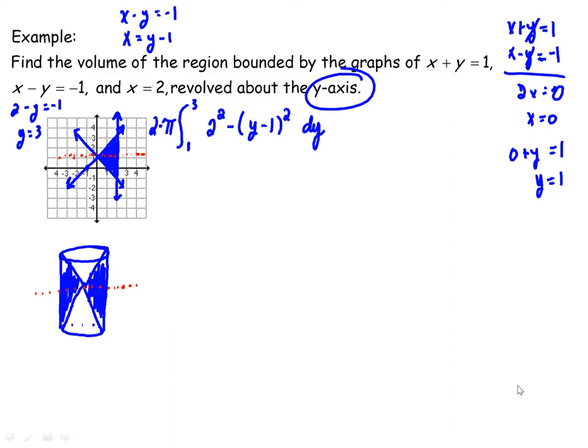All right, the rest you should be able to do. So, we have 2 pi, integral from 1 to 3. 2 squared, of course, is 4. This one, be careful. All right, so clean it up.